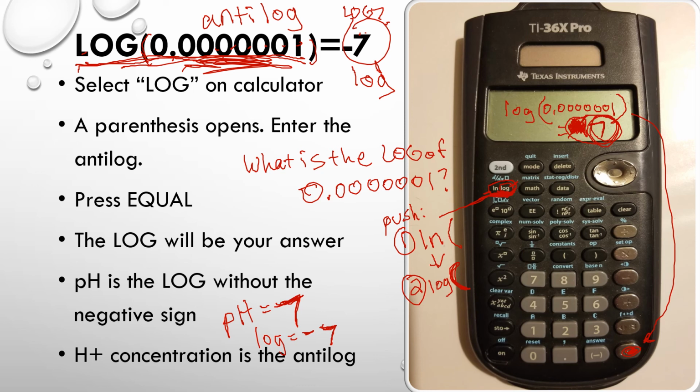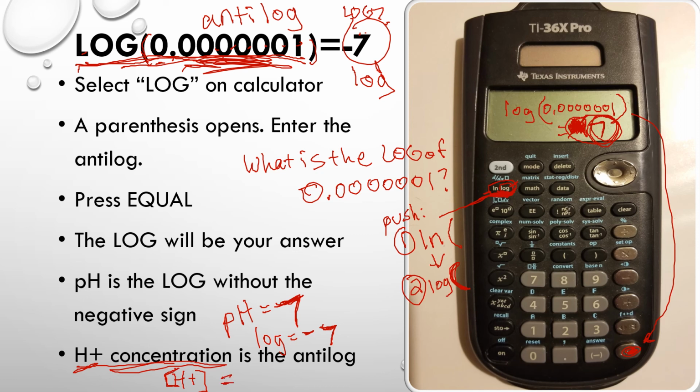And what is that anti-log that I've been talking about? That 0.00000001 that we're trying to find the log of, we're trying to find the pH of, if we drop that negative on the log. That whole anti-log is the hydrogen ion concentration. Remember, the brackets around the hydrogen ion just mean concentration.